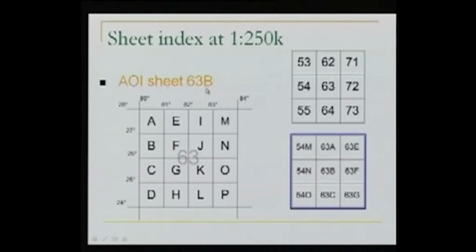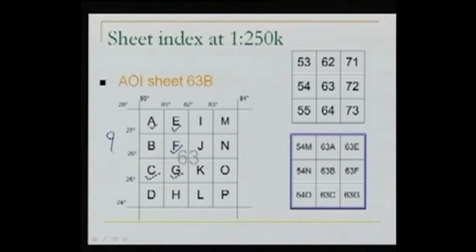What are we looking for? I am looking for the sheets which will be surrounding this at this scale. Well, directly we can see here, surrounding this we should have the sheets 63A, 63E, 63F, 63G, and 63C.